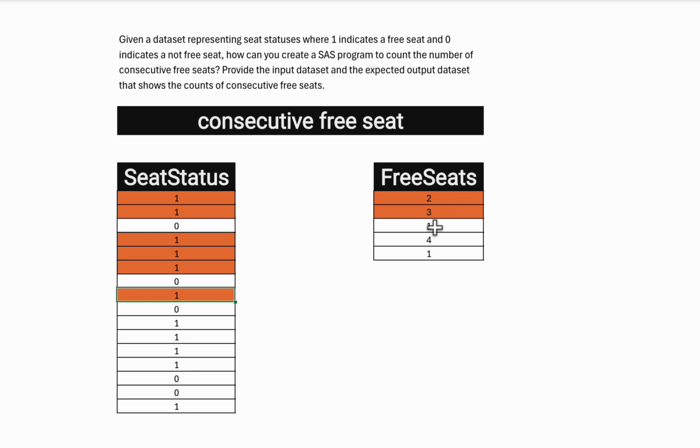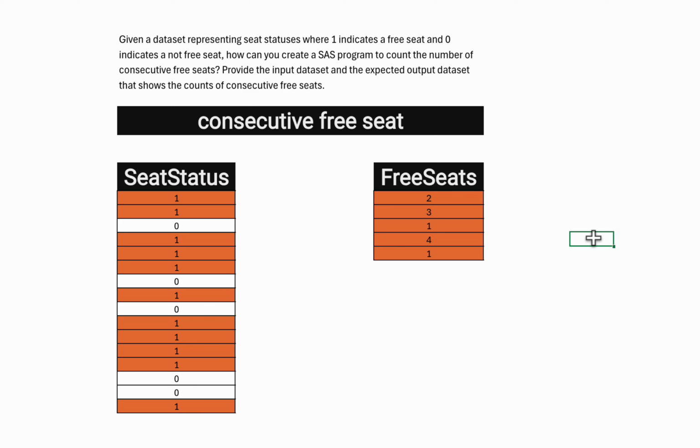So count is 1 in free seats. After that we have 0, that means not free seat, and then we have 4 free seats in the seat status dataset. So that is why this 4 count is reflecting here. And then we have 2 not free seats and then we have 1 free seat. So this one is reflecting here.